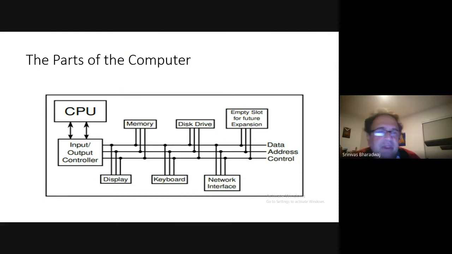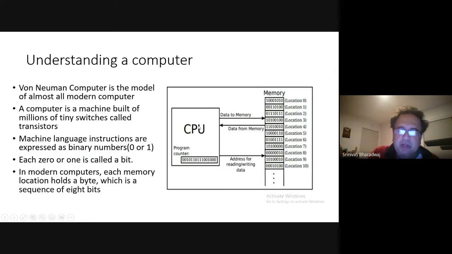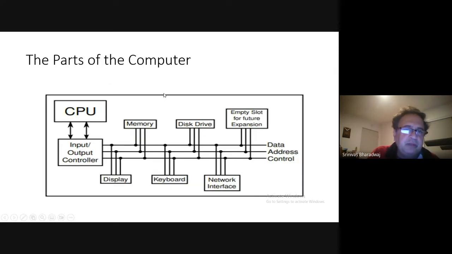Okay, so now when we look at the parts of a computer, we look at the CPU and then the memory, and then there are various peripheral units like display, keyboard, network, disk drive, etc. These peripheral units are what are called input-output units. So far, that CPU and memory was just a very simple model of the same computer. Now we include the whole model.